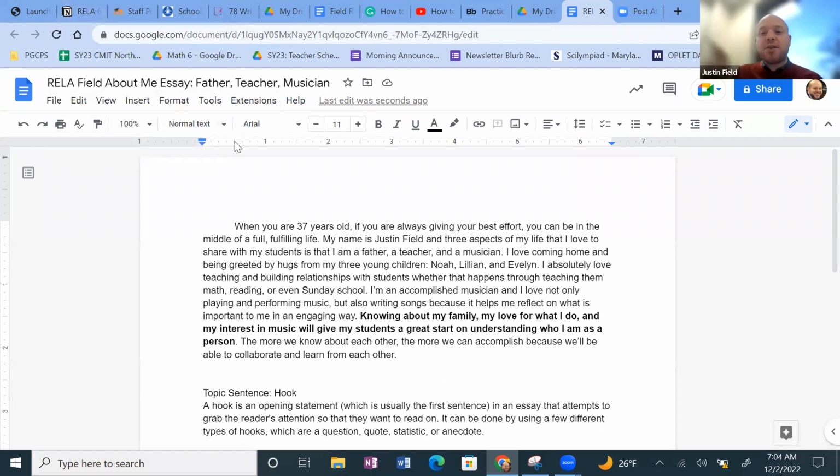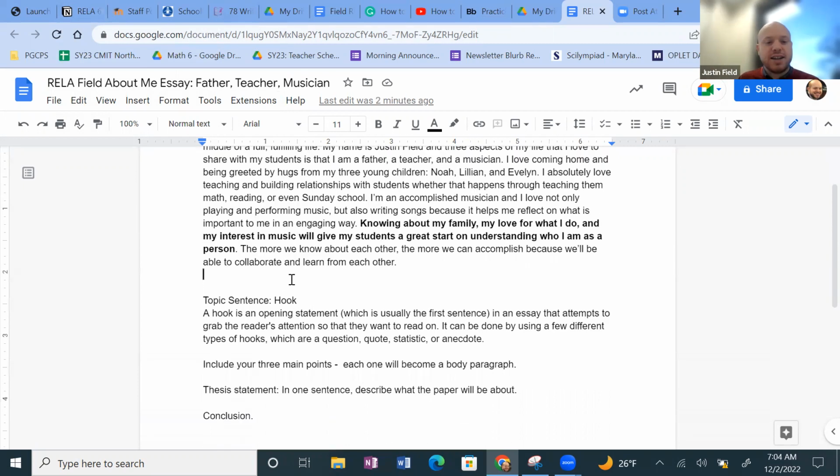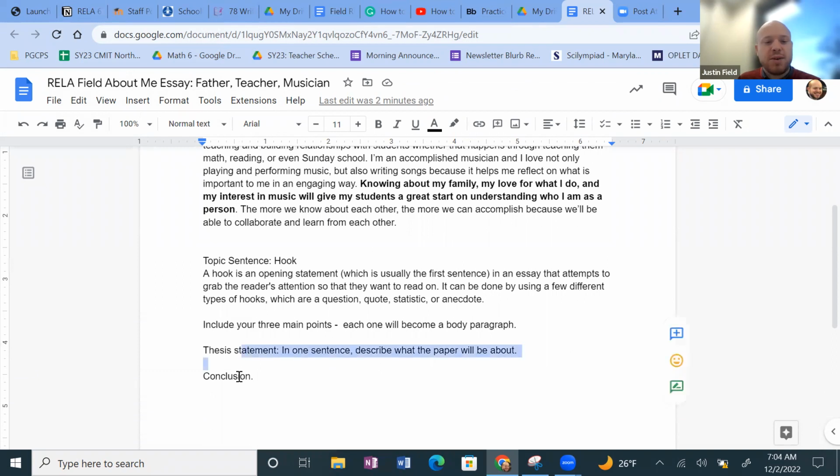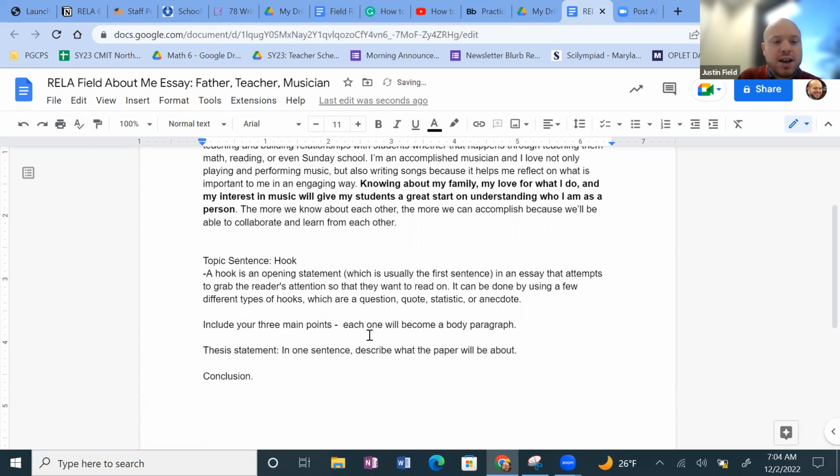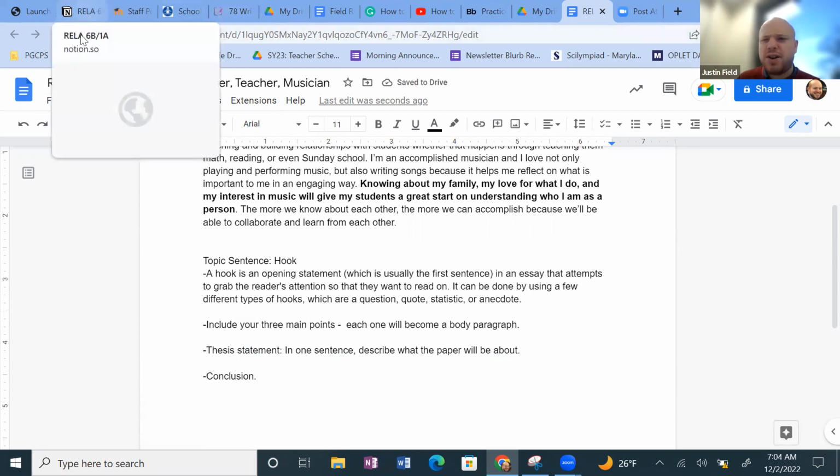So I want everybody in the class to also have an introductory sentence that includes the 3 points, a hook sentence, and a thesis statement and a conclusion, okay? So your grading is gonna be based on the fact that you include these points. And that's what I'm gonna be looking for. So how are you gonna get a grade?